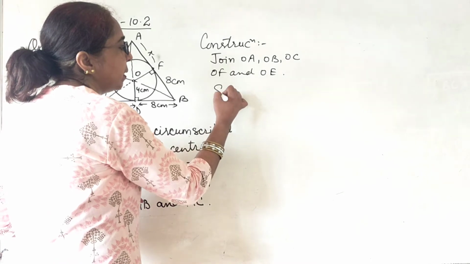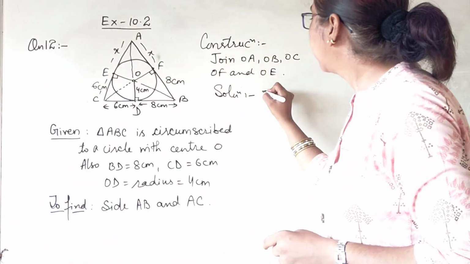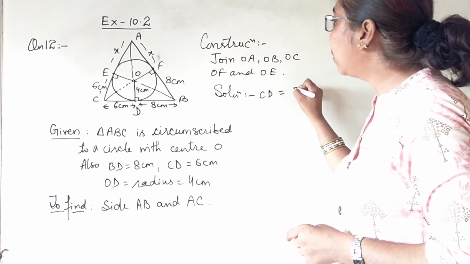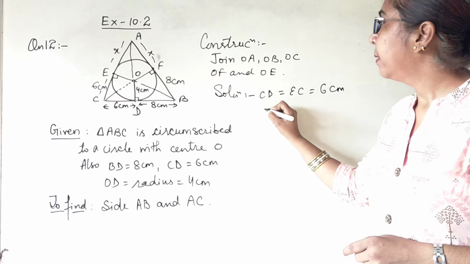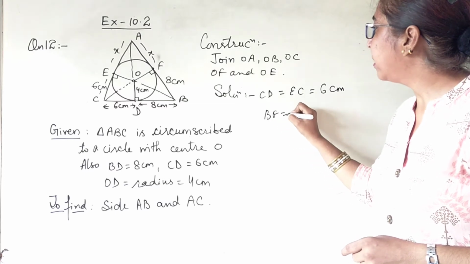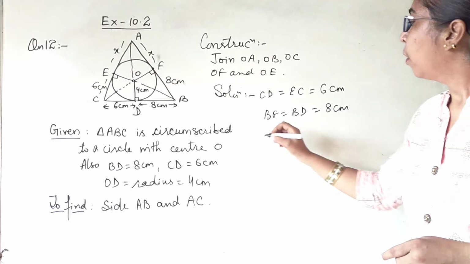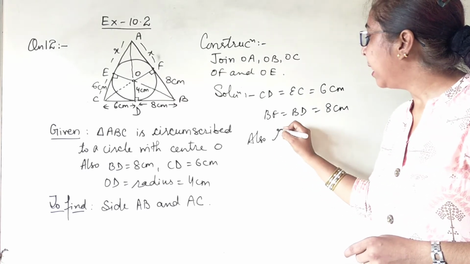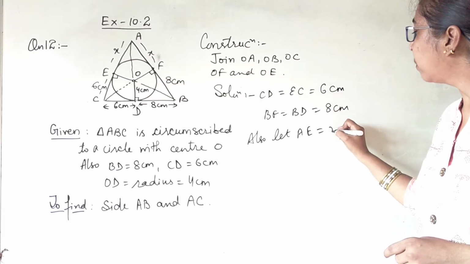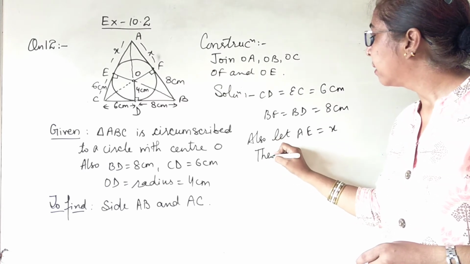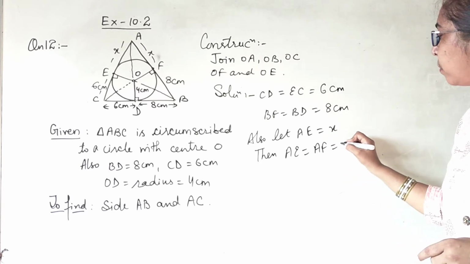Now I'm starting my solution. So CD is equal to EC is equal to 6 centimeter. BF is equal to BD is equal to 8 centimeter. Also, let AF or AE be equal to x, then AE is equal to AF is equal to x.